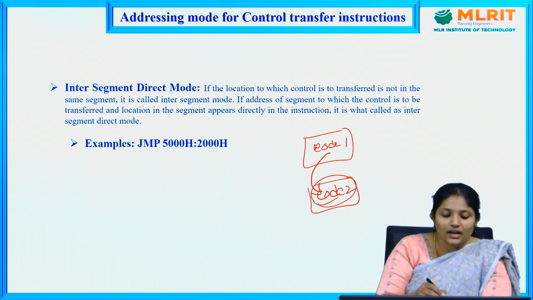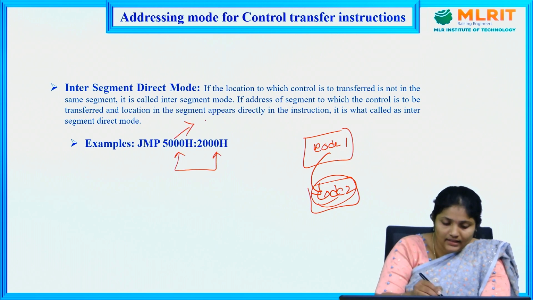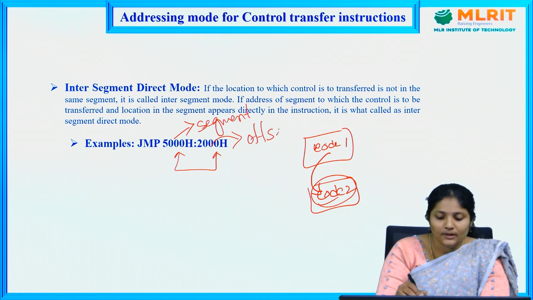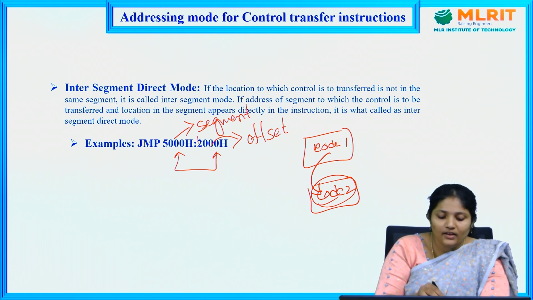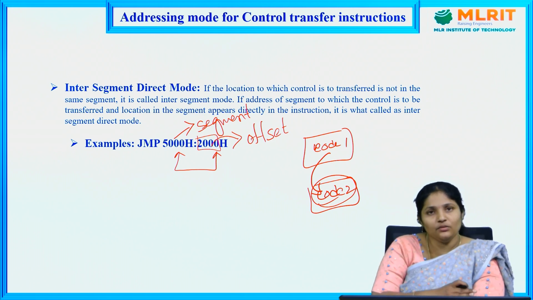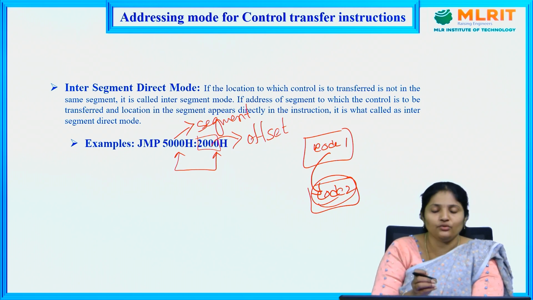And here we mention the addresses directly. This is the segment address, and this would be the offset address. So we directly mention jump to segment address 5000, and the offset address 2000. The control will be transferred first to segment address 5000, and then to the particular address location where offset address 2000 is.